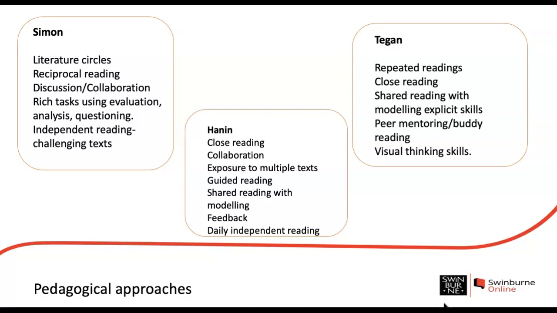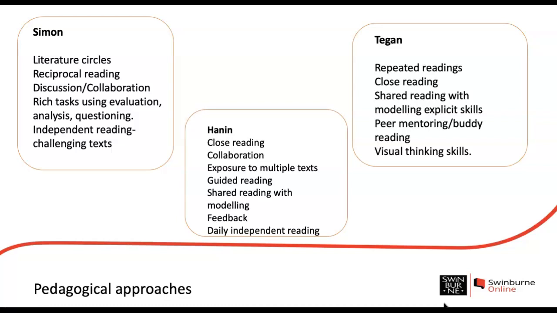I've got Hanin who's completely different but still using independent reading, but her focus is, if she's got 7 books in her book box, one could be a magazine, one could be a comic, one could be an information text about something she likes, and one could be a novel or picture book, so that she's getting a broad range of different genres, different text types, and exposure to information presented in lots of different ways.